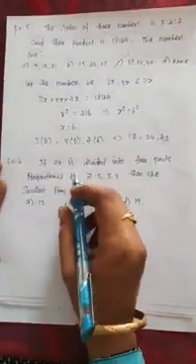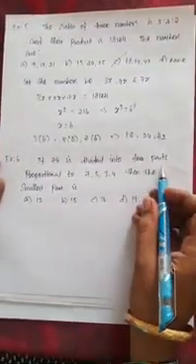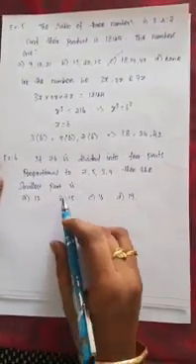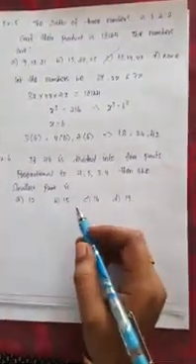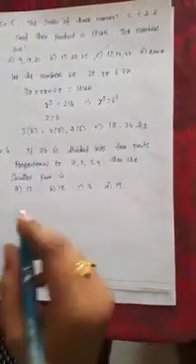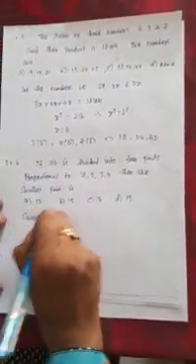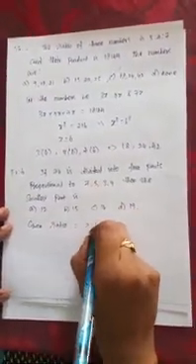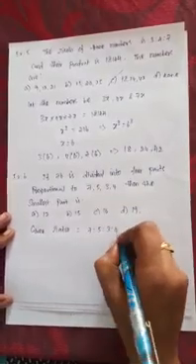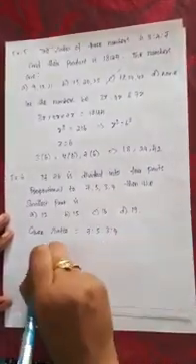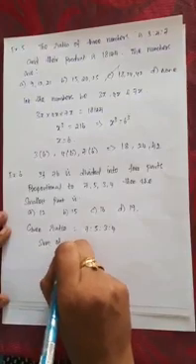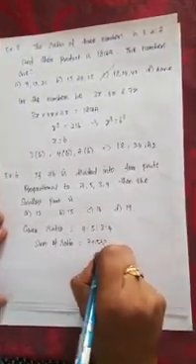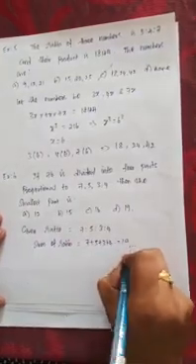Example 6. If 76 is divided into 4 parts proportional to 7, 5, 3, 4, then the smallest part is, given ratio is 7:5:3:4. Sum of the ratio terms 7 plus 5 plus 3 plus 4 is equal to 19.